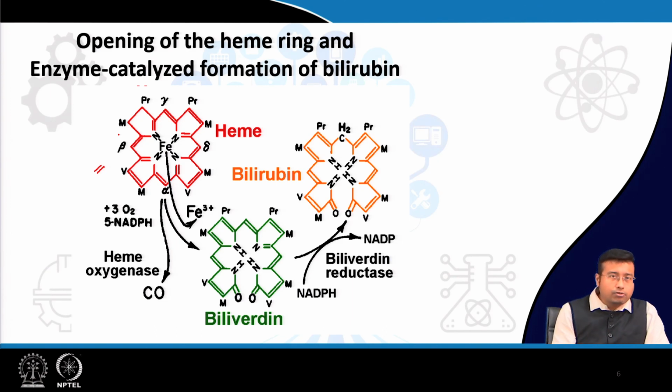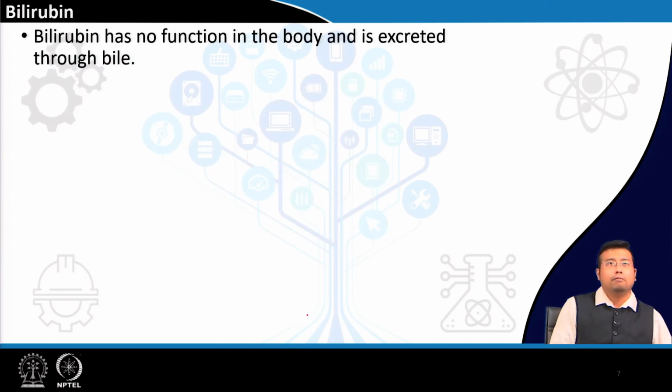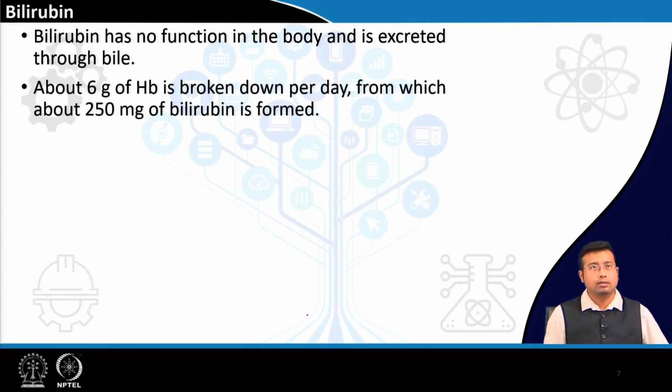When it is transformed to biliverdin, it is green in color, and ultimately when it is acted upon by NADPH dependent biliverdin reductase, it is yellowish orange, bilirubin, right. So, biliverdin and bilirubin are bile pigments. You should know that bilirubin specifically has no function in the body and it is excreted through bile, a purely excretory product. You should have a quantitative idea.